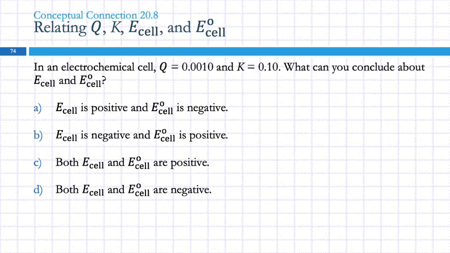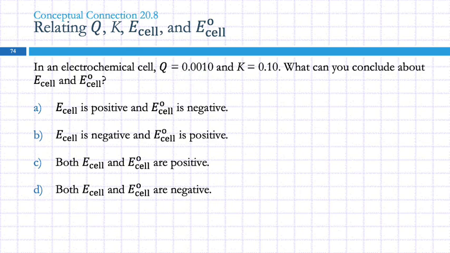Let's see if we can do this. In an electrochemical cell, Q is equal to 0.001 and K is equal to 0.10. What can you conclude about the cell potential and the standard cell potential? So let's do the cell potential first. Q is 0.001.